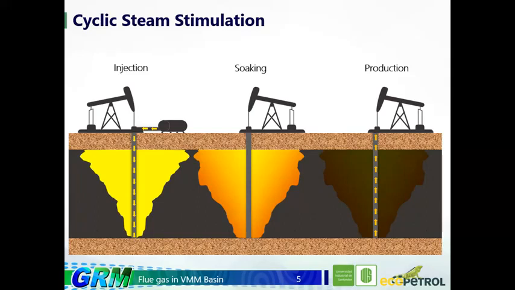Then comes the production, when this heavy oil with new properties is produced, which could take months. A new cycle of these three stages begins, until they reach a decline curve of production, or until it is no longer viable in a technical and economic way.